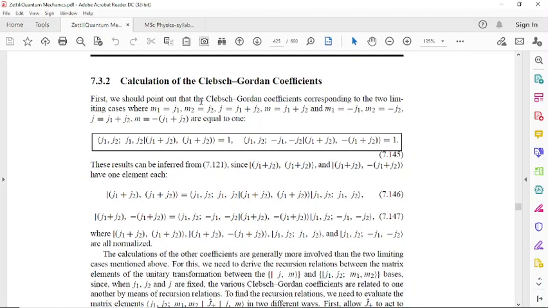First, we should point out that the Clebsch-Gordan coefficients corresponding to the two limiting cases, where m1 equals j1, m2 equals j2, j equals j1 plus j2, m equals j1 plus j2, and m1 equals minus j1, m2 equals minus j2, j equals j1 plus j2, m equals minus j1 plus j2, are equal to 1. <j1 j2 j1 j2|j1+j2 j1+j2> equals 1. <j1 j2 -j1 -j2|j1+j2 -j1-j2> equals 1.